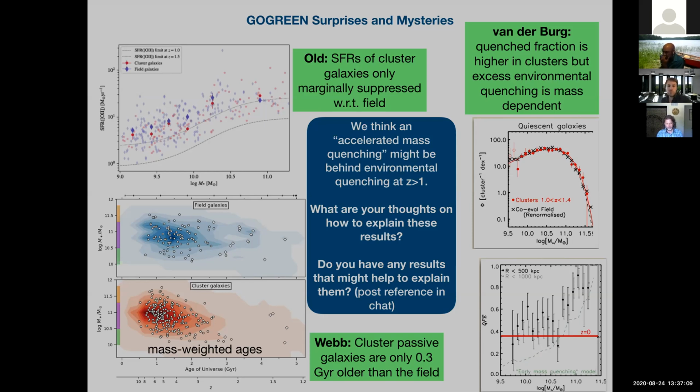So maybe this is another area we could explore together with Christie, not just looking at the mass-weighted ages, but also at potential excess star formation rate in cluster environments, besides the opportunities to look at this in proto-cluster environments, of course.